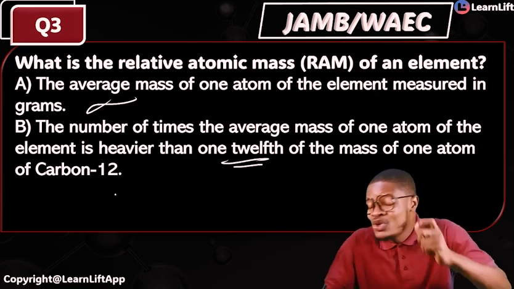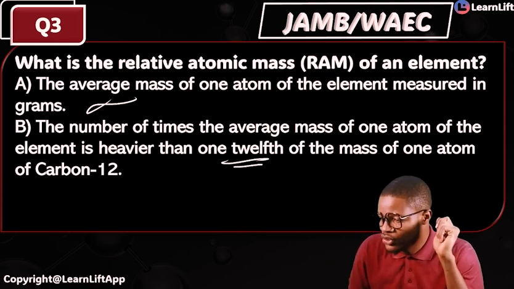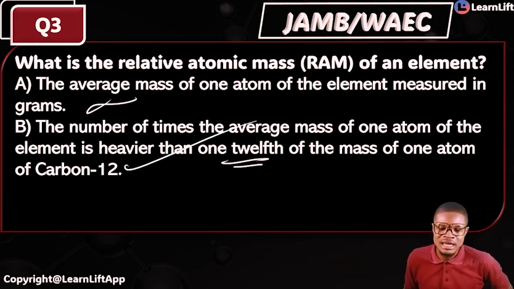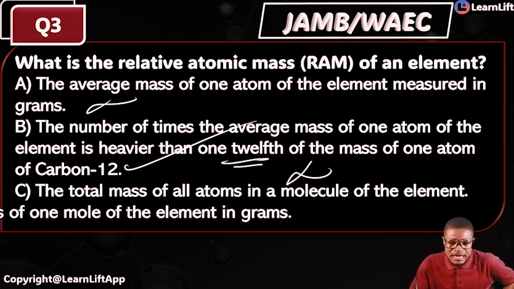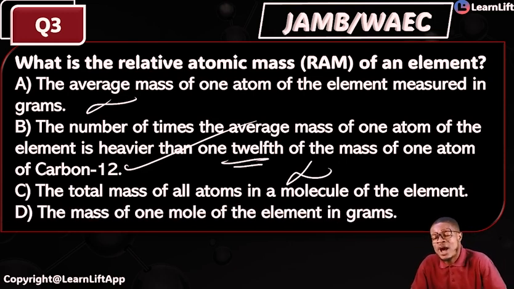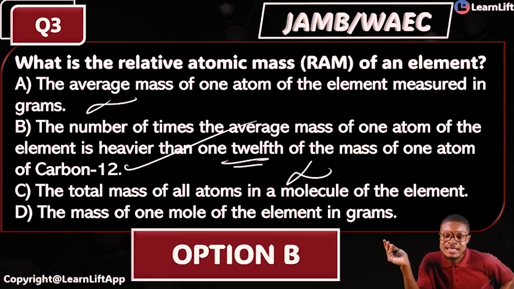I told you that you will always see 1/12 of the mass of one atom of carbon-12 there. Option C says, the total mass of an atom in a molecule of the element. And option D says the mass of one molecule or the mass of one mole of the element in gram. What is the correct answer? Of course, option B is the correct answer.